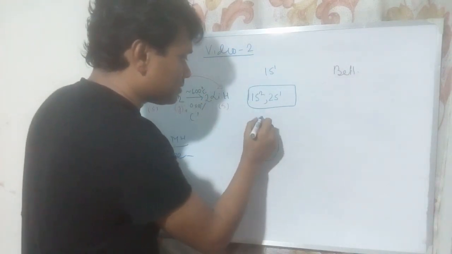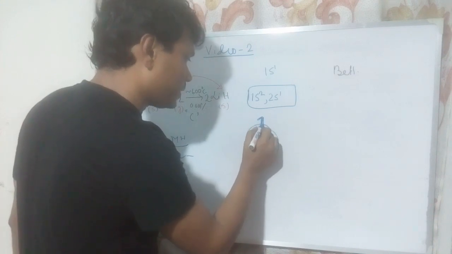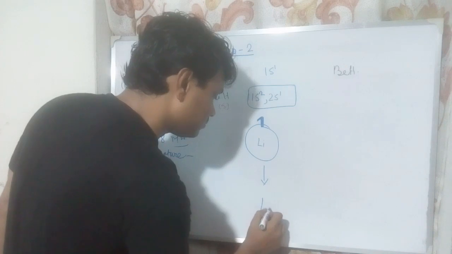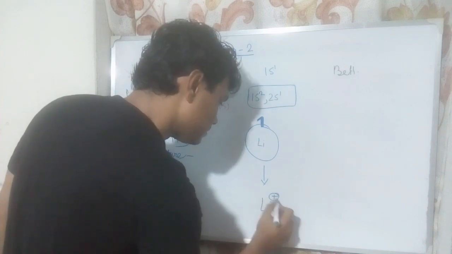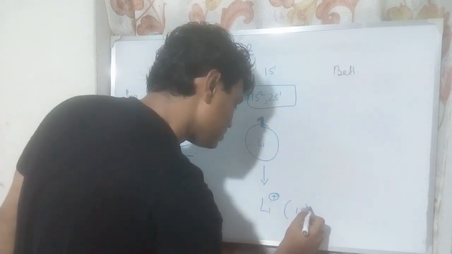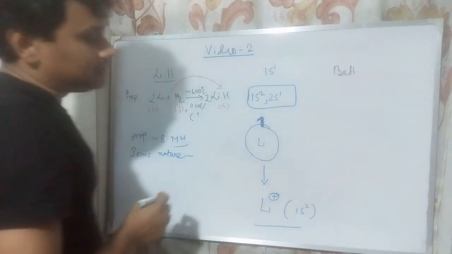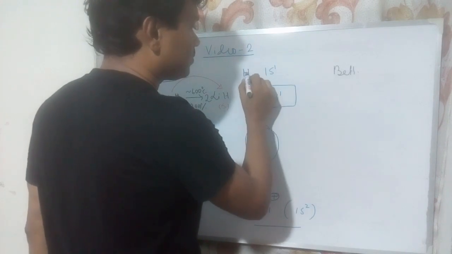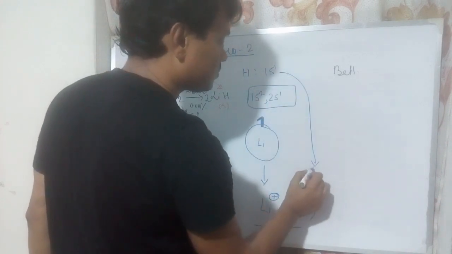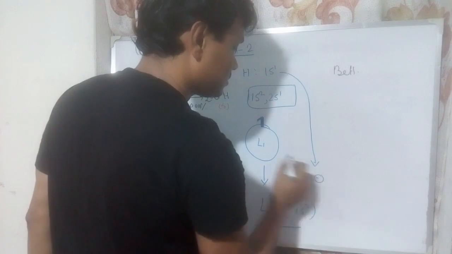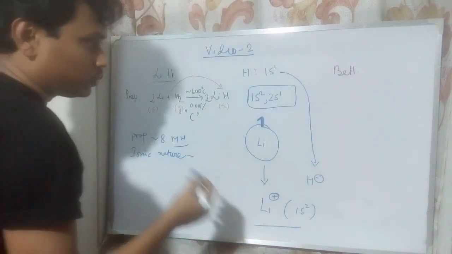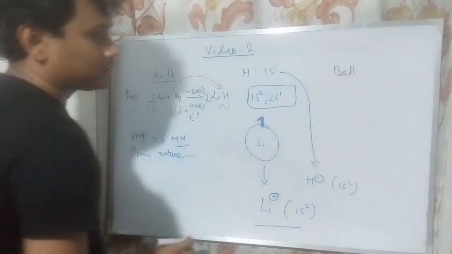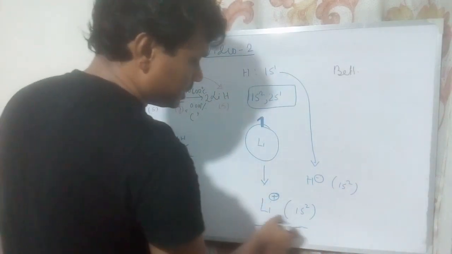And lithium has a tendency to donate its electron and become lithium plus, electronic configuration 1s2. And this electron is taken by the hydrogen to form hydrogen minus. In this way, the hydrogen is also getting 1s2, lithium is also 1s2. So both are stabilized.